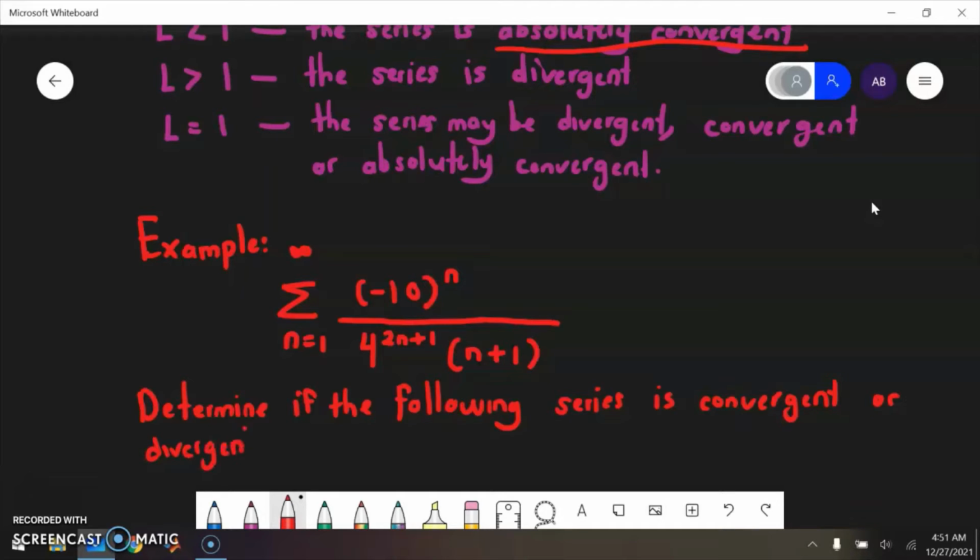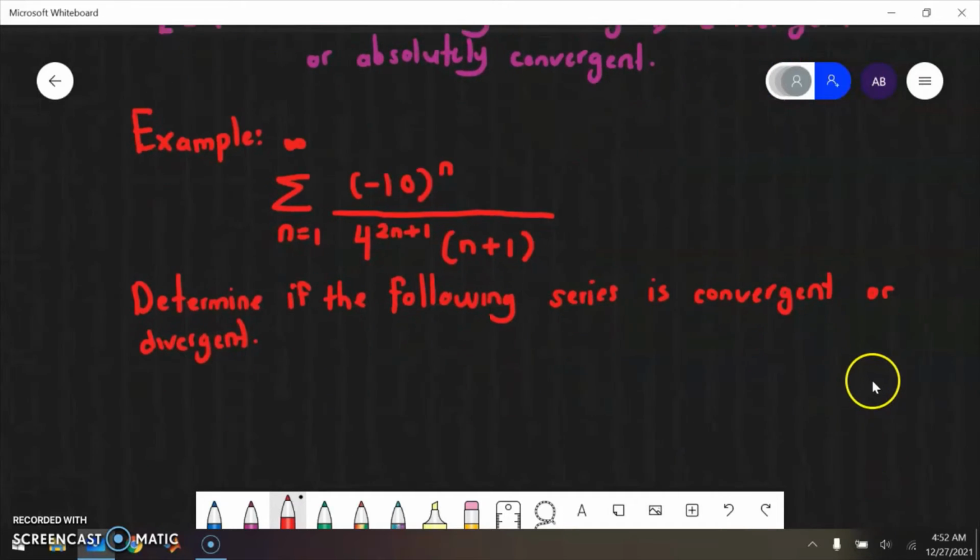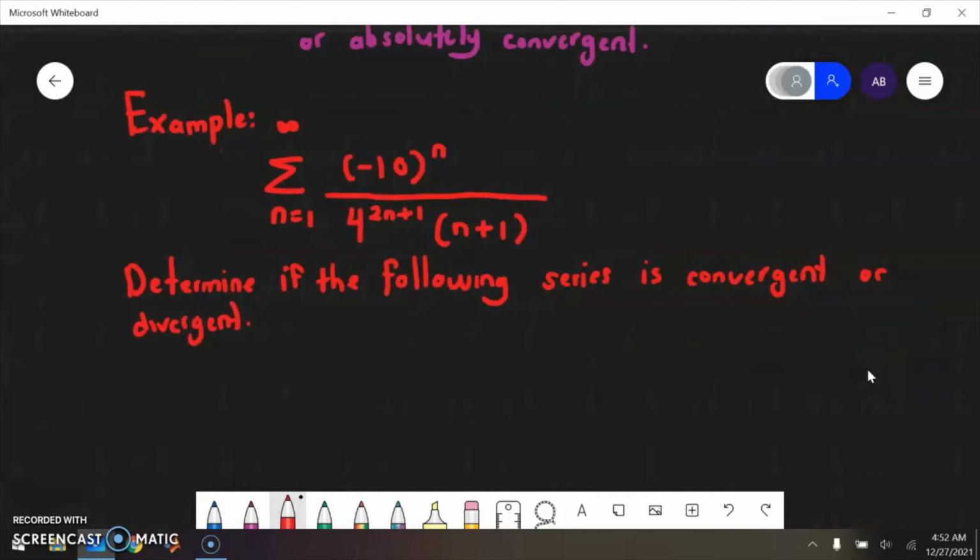Obviously, I didn't mention absolute convergence, right? But if you do the ratio test and L is less than 1, the series is absolutely convergent. Looking at this type of series, you can see the negative 10 to the power of n, so you might think, why can't I use the alternating series test for this?